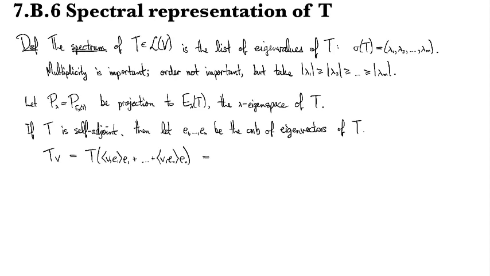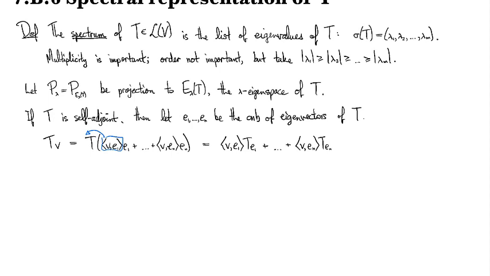Each of these is a scalar, so it can come out front: <v, e1>T e1 up through <v, en>T en. This is by the fact that T is linear.